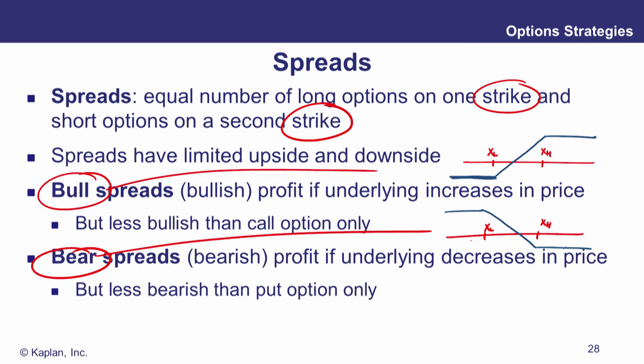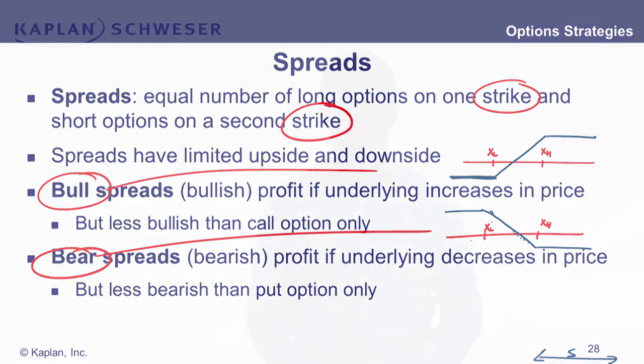Don't forget, the horizontal axis here is always the underlying. Okay, we've been doing this through several modules here, but the horizontal axis is always the underlying. And you can see under this bear spread, as the underlying falls, we win. But it's moderate exposure, isn't it? It's only between the two strikes, and there's no further upside when you go below the low strike. There's no further downside when you go above the high strike. So it's bearish, but it's not as bearish as just buying straight out puts.